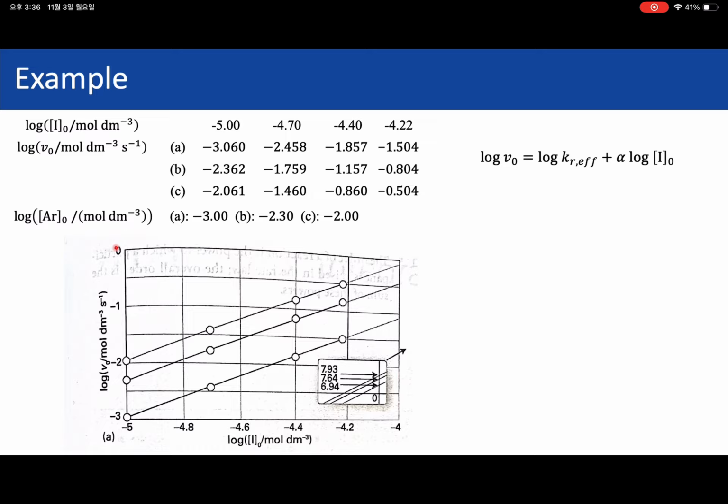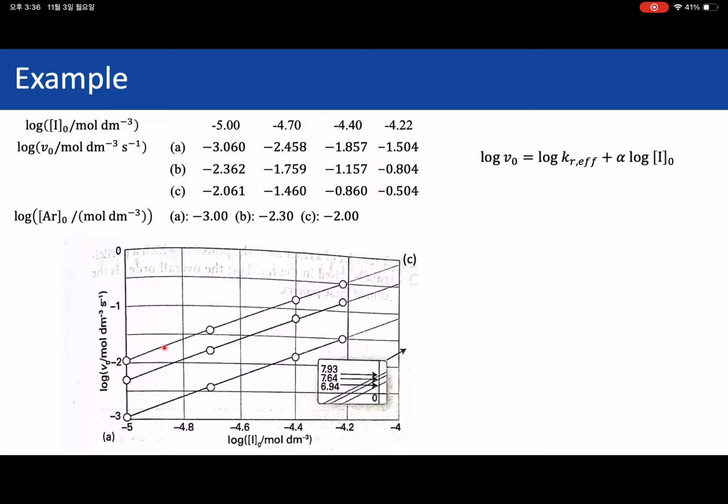So if we connect the data points for the same concentration of argon, we have three lines like this.